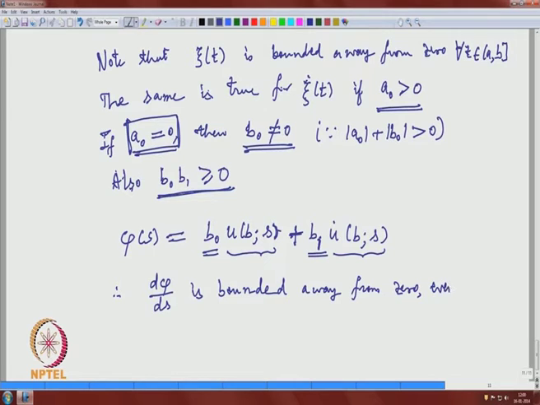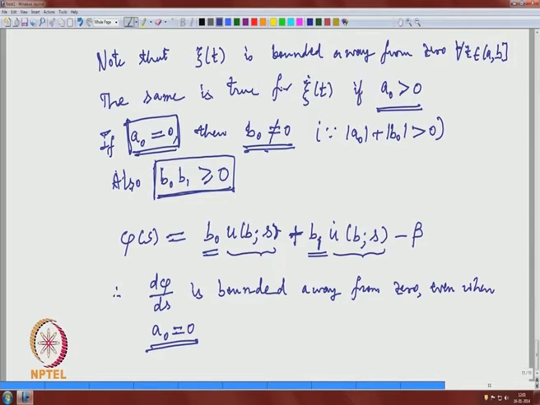even when A0 is 0. So, let me again recall this. If A0 is 0, by our hypothesis B0 is not 0 and B0 and B1 have the same sign. And that is important because there is a beta here, that does not matter.